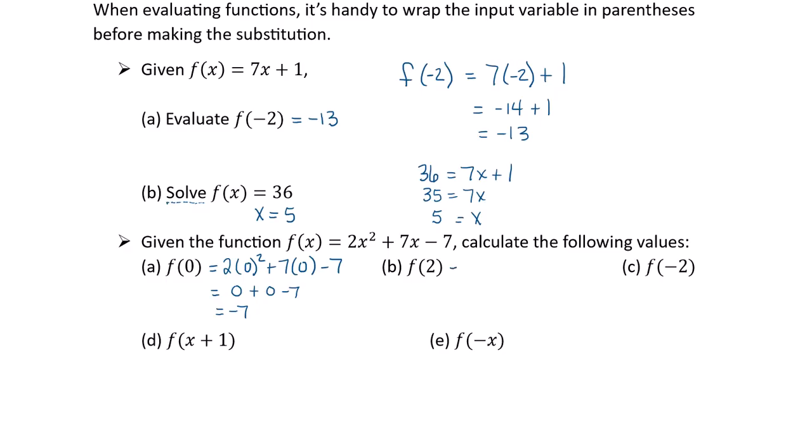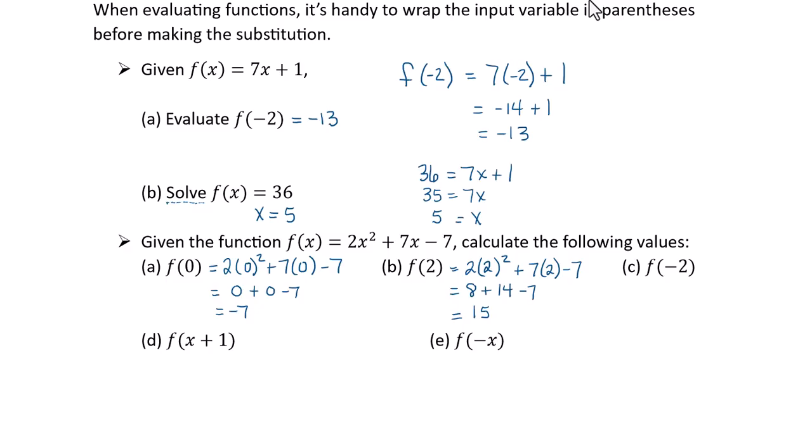F of 2. Again, 2 times some input squared plus 7 times some input minus 7. So then I put my input of 2 and I get 2 squared is 4 times 2 is 8 plus 7 times 2 is 14 minus 7 equals 15.